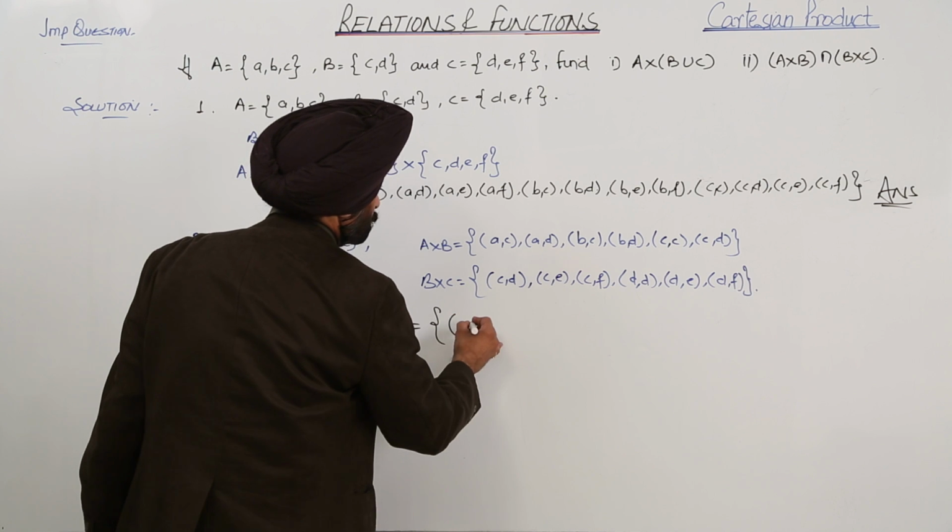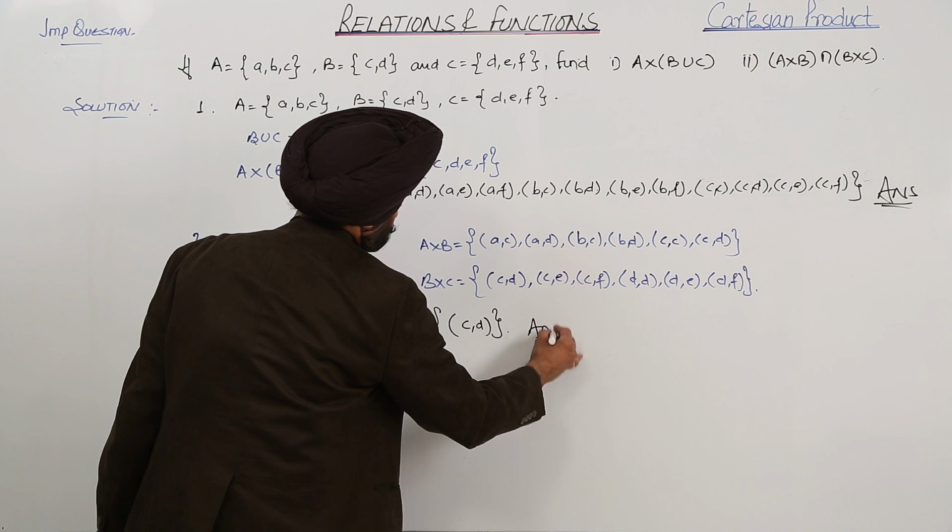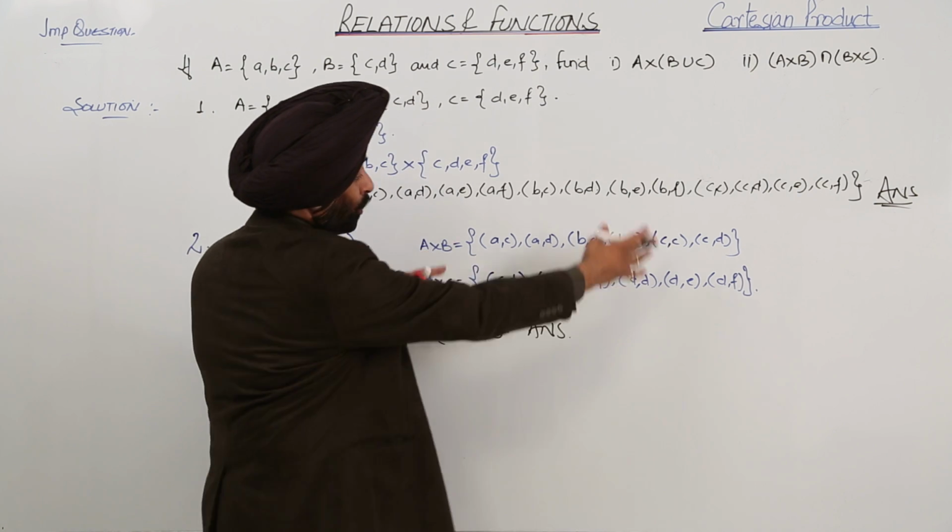Only one seems to be common, that is (C, D). This is common between both the ordered pairs.